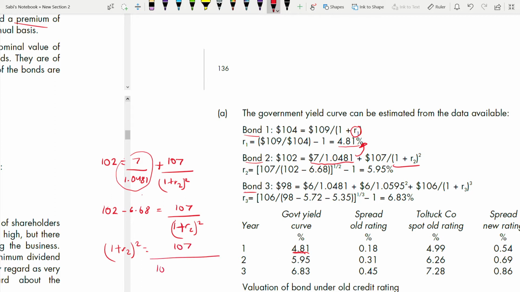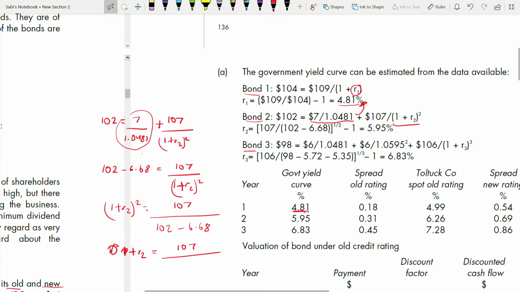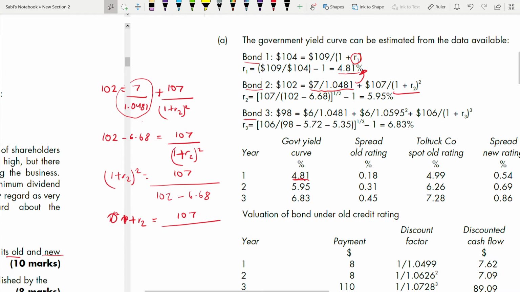Now, if I have to find r, I will remove the square. So 1 plus r will be the square root of 102 minus 6.68.